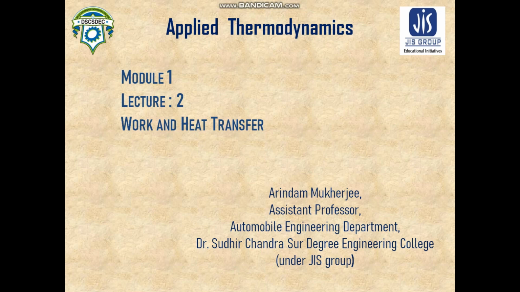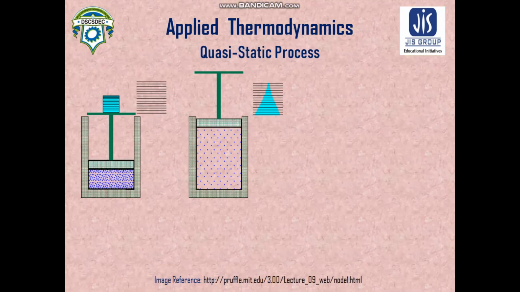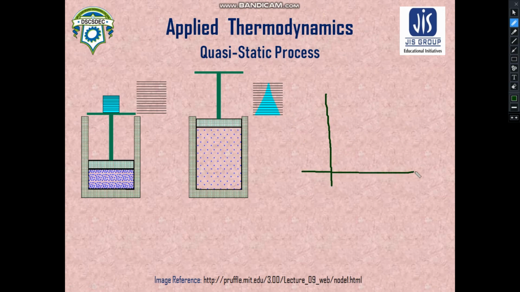In the previous class we had discussed this quasi-equilibrium process. Today we shall be discussing much more deeply into it. Let us see what happens if we plot this whole concept graphically. Let us see the graphical aspect of this quasi-static process.